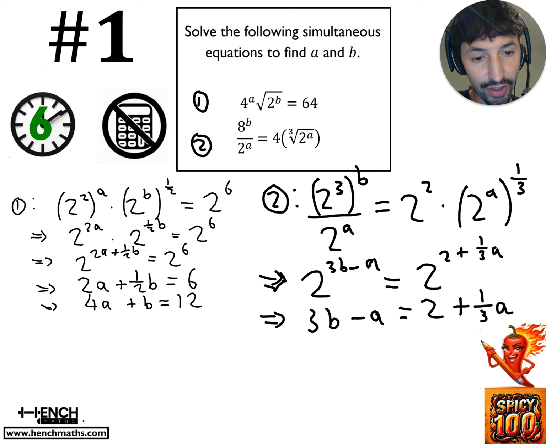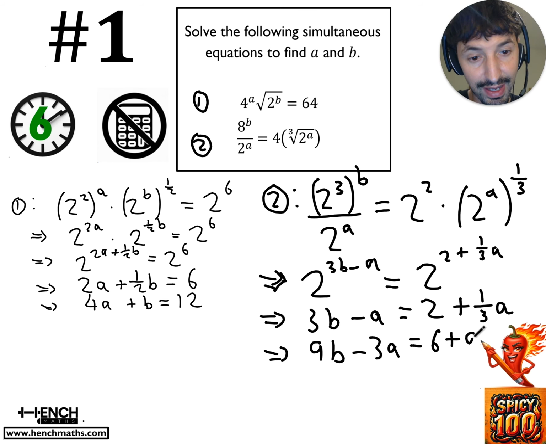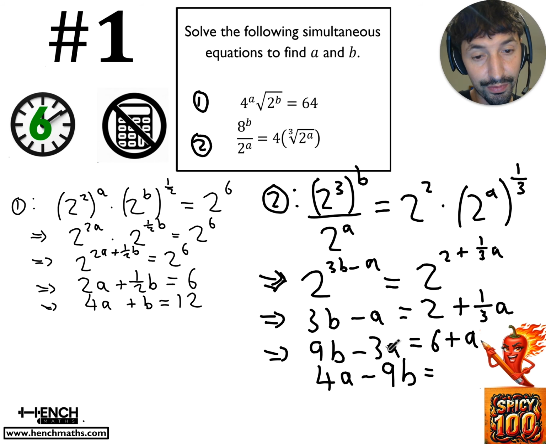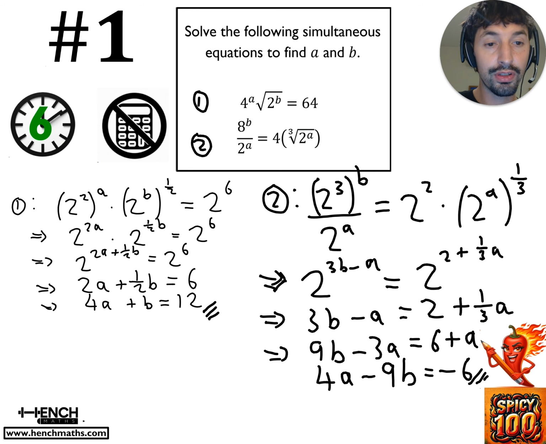Now you might want to times everything by 3 and rearrange it, so we get 9b minus 3a equals 6 plus a, and then decide which way you want to bring it all over. So I'm going to get 4a minus 9b is equal to negative 6. What we've done is create two equations using our rules of indices.